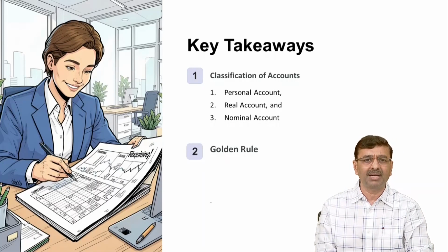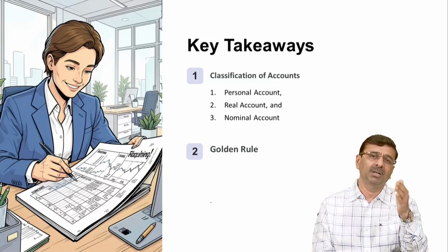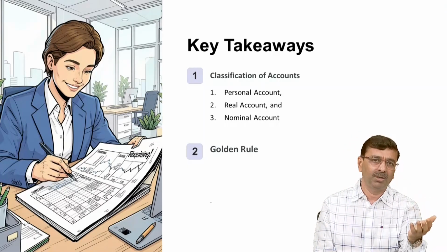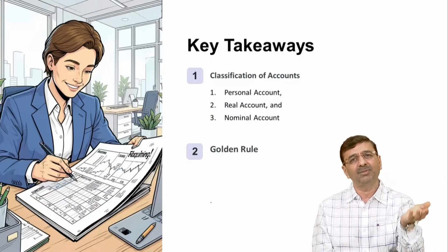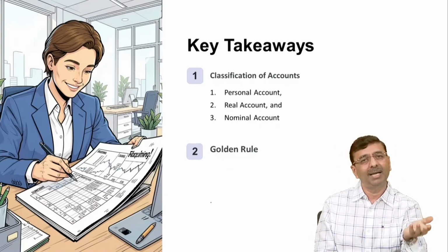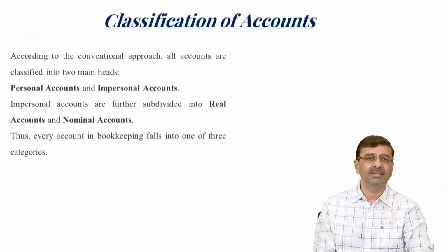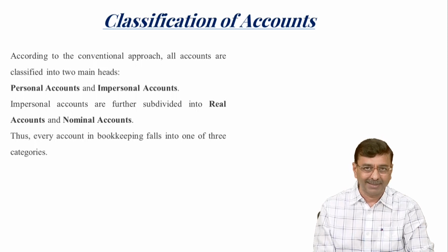Each classification has its golden rules also, like debit and credit, which account is to be debited at a certain time, and which is to be credited. So there are certain rules for when it will be debited as well as credited. Now let's identify how that has been classified.